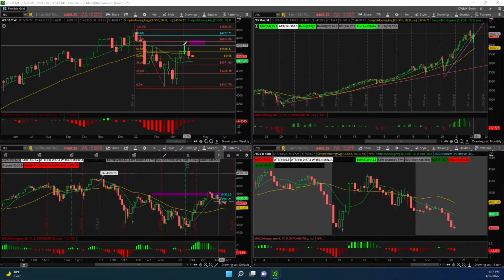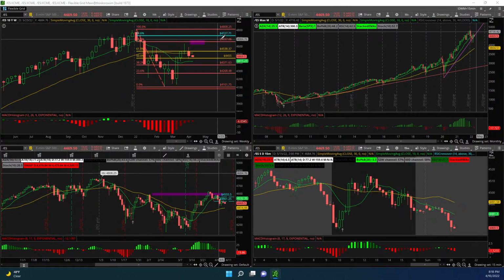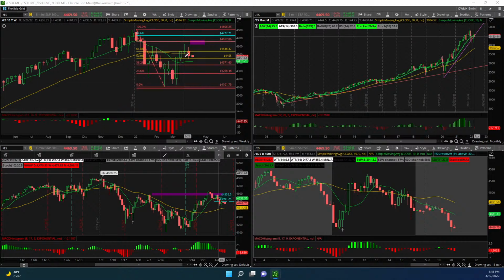We need to see how this week is going to end up. If it ends above the 30-week moving average, then I would be a little bit more bullish, probably trying to target this 4700 area for it to collapse and go back down.